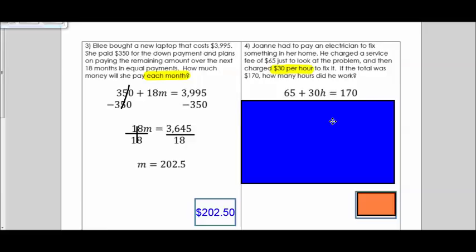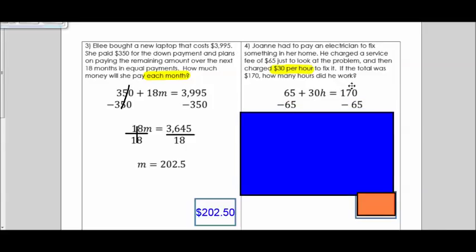So here is our equation. 65 plus 30 times h, because that per hour means times h, because we don't know how many hours, is equal to 170. Then to solve this two-step, we're going to subtract 65 on both sides, which again is going to cancel this out.